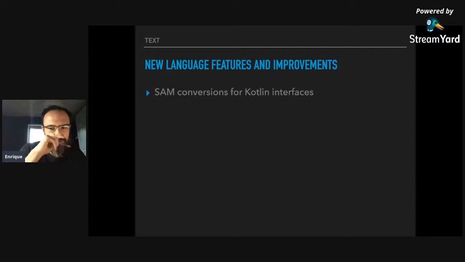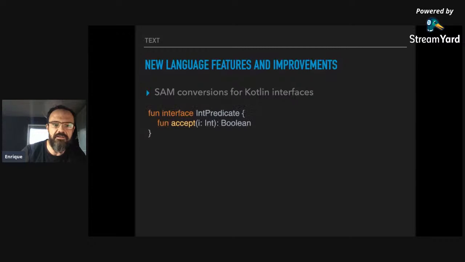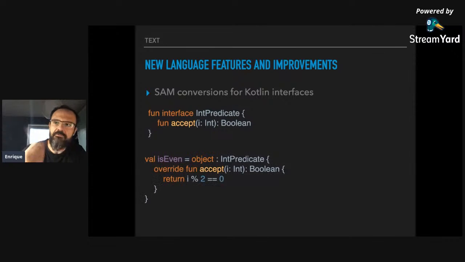If you want to do so, you need to mark a Kotlin interface explicitly as functional with a fun modifier, as you can see here in this example. Before, if we were not using a SAM conversion and wanted to use the interface, we would need to write code like this, and it's a bit cumbersome and not so Kotlin-ish. Well, theoretically Kotlin-ish, it was done with Kotlin, but it was not what we were used to when working with Kotlin.